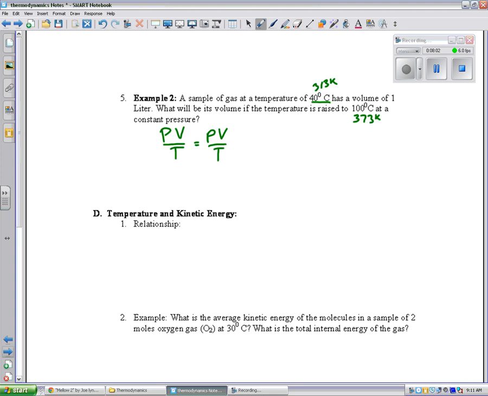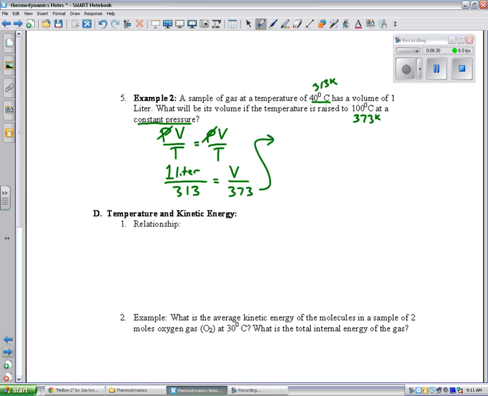PV over T equals PV over T. Now, it says constant pressure. If the pressure is constant, I can cancel it and not worry about it. So now I have a volume of 1 liter over the temperature, 313, equals the volume I'm looking for over 373.